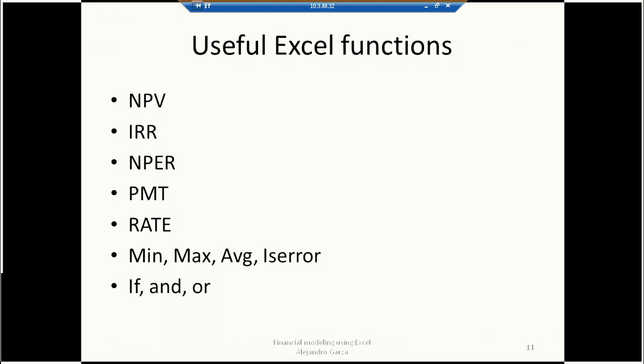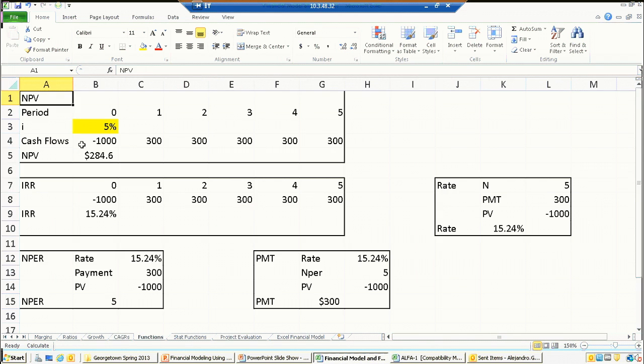Then there's a function I find very useful, IFERROR, just to clean out data. I'll show you how it works. IF, AND, OR, which are also very useful when you're analyzing and you're trying to figure out analysis out of sets of variables, or have a compounded formula that you want to look at. So I'll show you just some very quick examples of how those functions work.